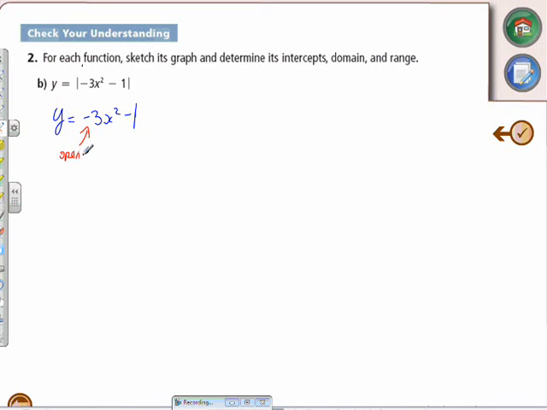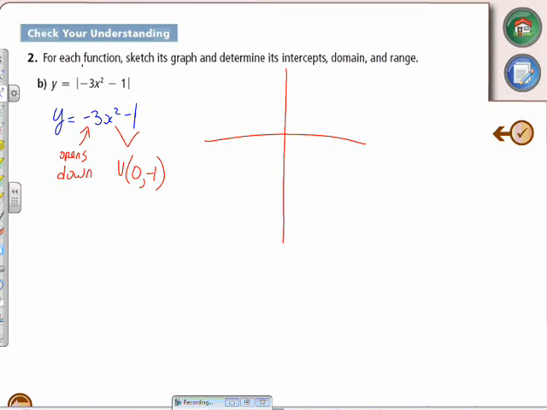Negative, so it's opening down. Vertex is at 0, -1. Let's do a quick little sketch here so we can get started. Figure out where things are. 0 and -1. We know it's opening down.